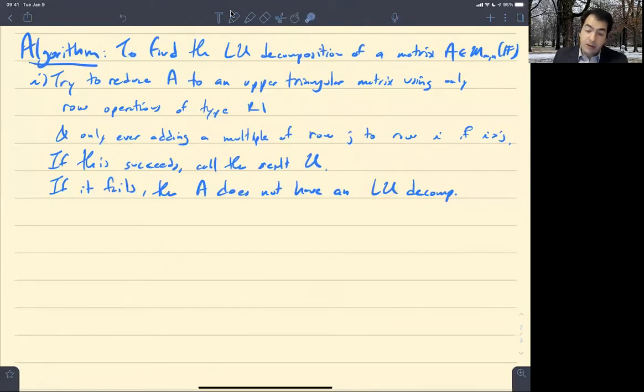And without loss of generality, you can assume that L has 1s on the diagonal. Then you can find its inverse using elementary matrices of exactly this type. And so multiplying A by the inverse would carry out these row operations and obtain U. Right? So if you have an LU decomposition, U has to be obtained from A in this way.